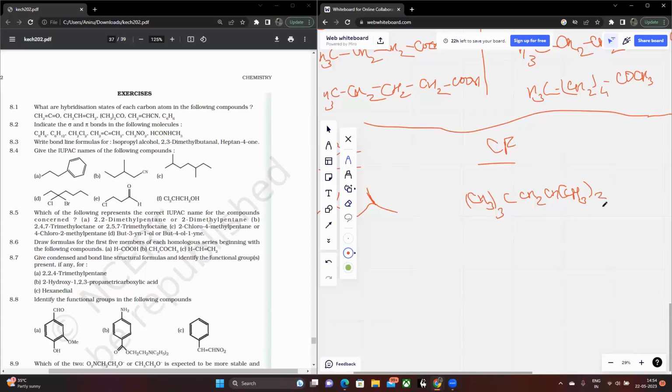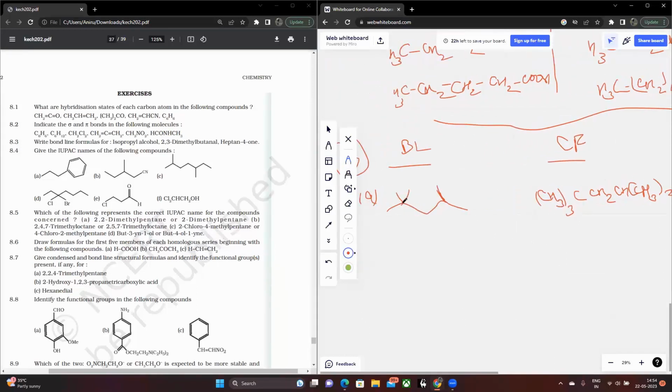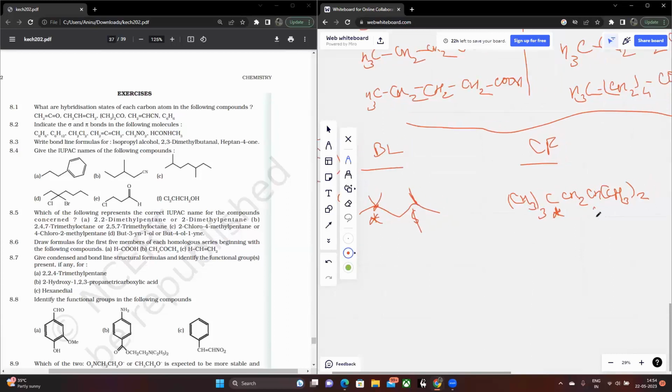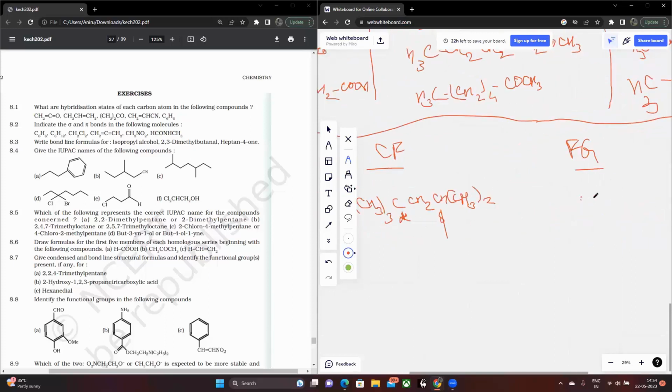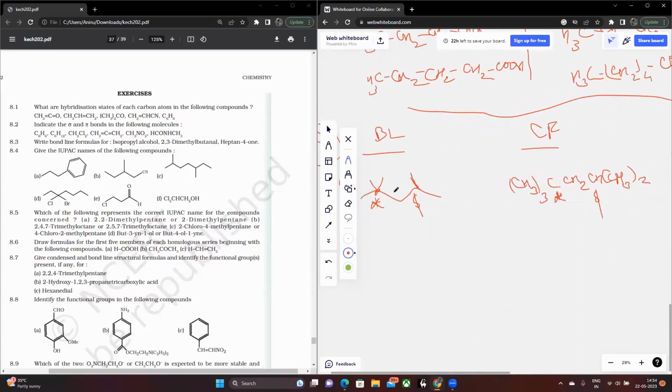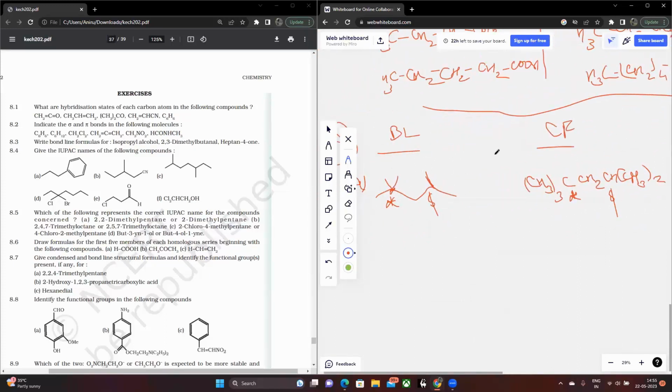If I mark this carbon with a star and this carbon with a dollar, then 3 CH3s to the star, that is CH3 twice C, CH2 over here, and then a CH attached to CH3. That's a condensed formula. There is no functional group over here: no alkene, no alkyne, no alcohol, no aldehyde, nothing.